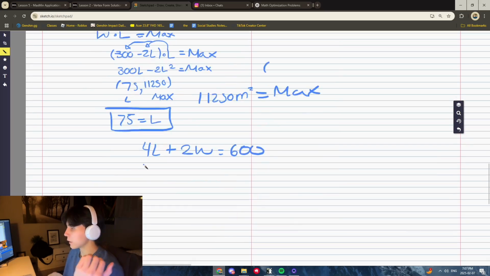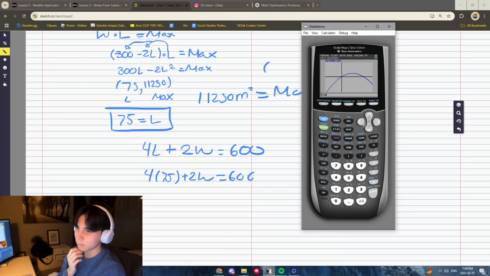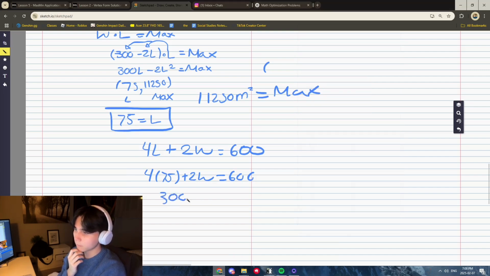Now that we have what length is equal to in our parabola and our vertex, all we have to do is plug in the value of our vertex, which is 75, plus 2w. Then we solve for w to find the other dimension that creates a maximum area, but also falls under the criteria of the perimeter. So we do 4 times 75, and you get 300 plus 2w equals 600. Subtract 300 from both sides, you get 2w equals 300, and w equals 150.